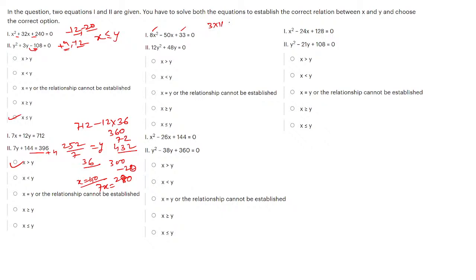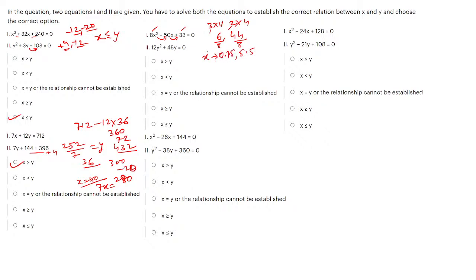This is 8 and this is 33. 3 multiplied by 11 and 8, this is 2, so 3 into 2, that is 6 and 44, right? So this is one sign change, this is another sign change, so two sign changes, that means both are positive, but here 8 is the coefficient with x square, that means 6 by 8 and 44 by 8, this gives 5.5 and 0.75, right?